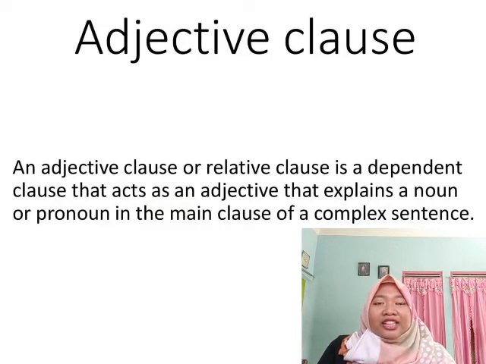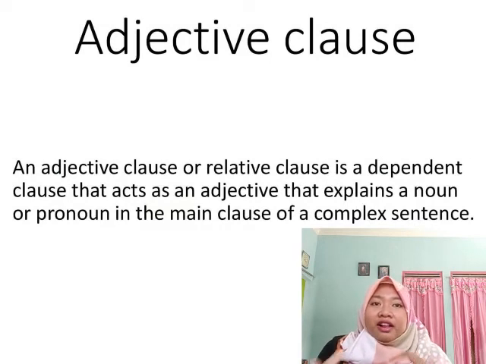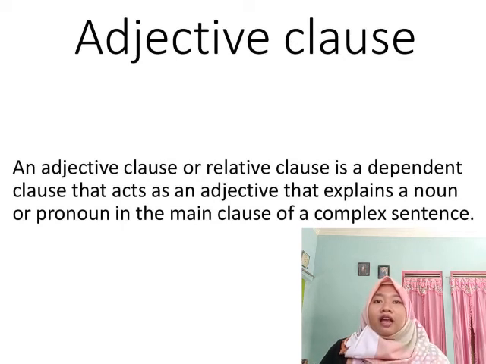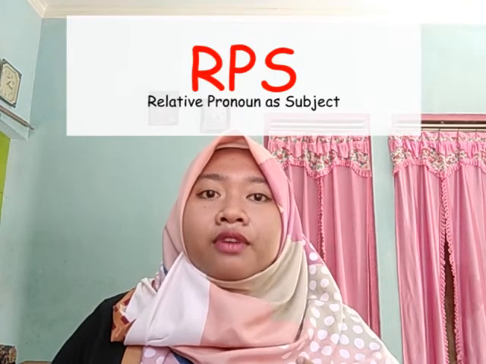Okay, adjective clause or relative clause is the same. It's a dependent clause that acts as an adjective that explains a noun or pronoun in the main clause of a complex sentence. Okay? Adjective clause is divided into two, namely, number one, relative pronoun as subject.